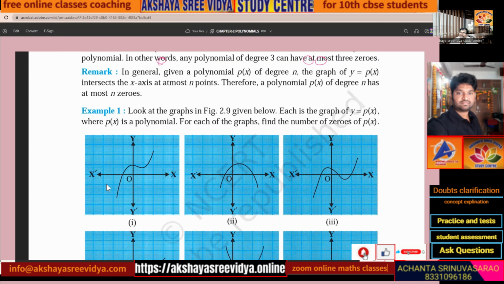Okay. This has only one zero of the polynomial. This has two zeros of the polynomial. This has one zero. This has two zeros. This has three zeros of the polynomial.